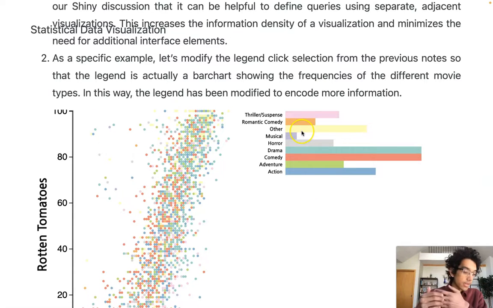So there are two different kinds of interactivity. They're not strictly necessary for a lot of cases, but if you really want to take the visualization to another level, it's helpful to be thinking about these sort of subtleties. It just makes the amount of information that you can display and the smoothness of the interactivity much better.